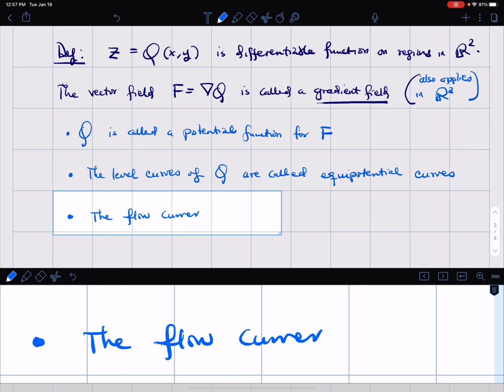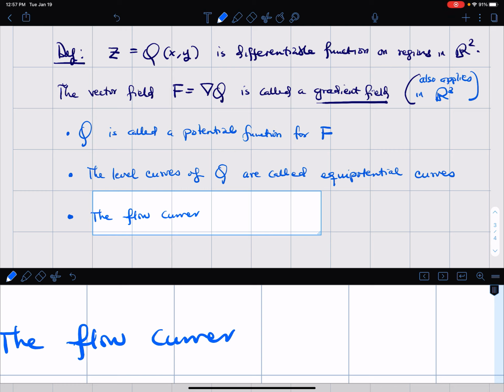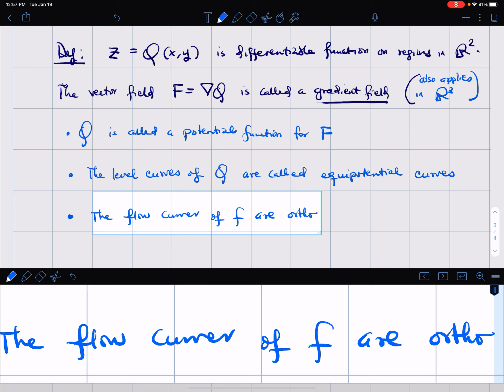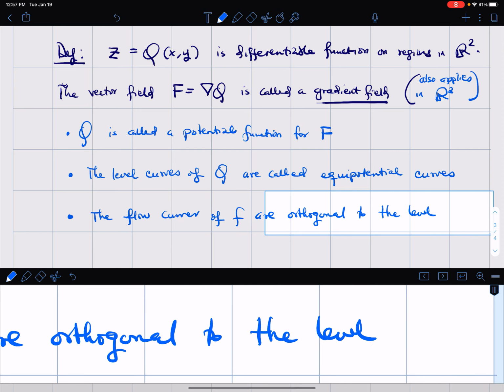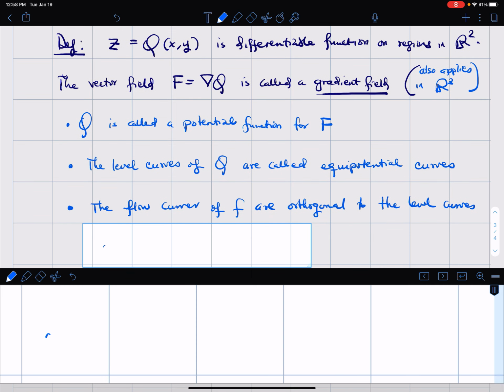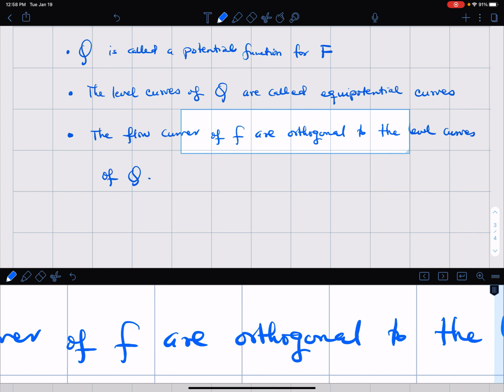The flow curves of F are orthogonal to the level curves of phi. This is capital F.